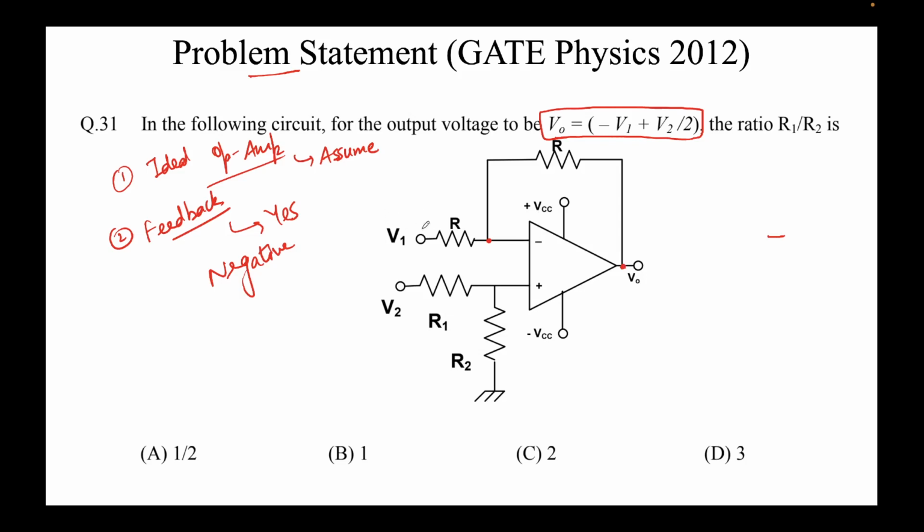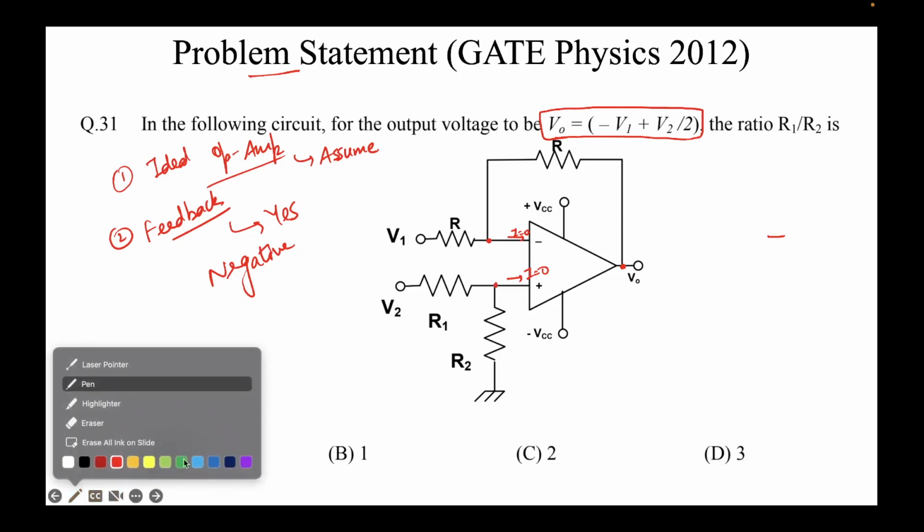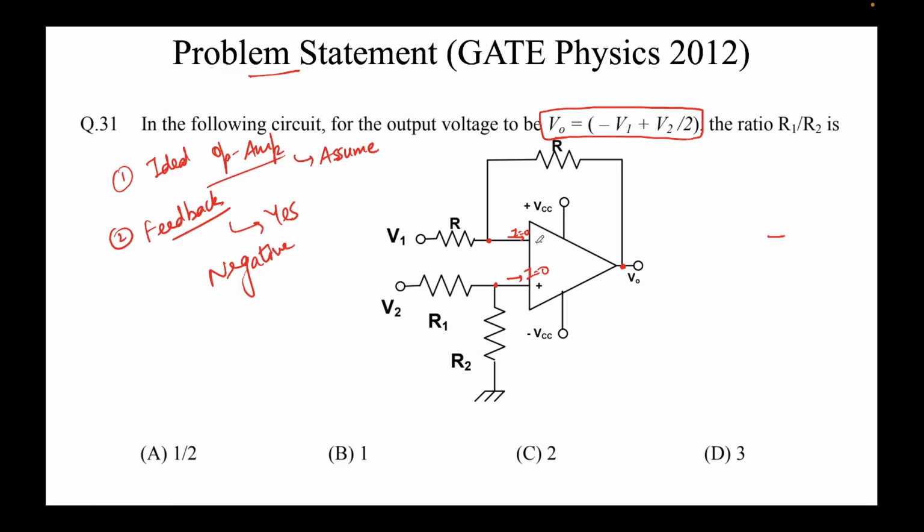Now, since this is an ideal amplifier, the current flowing into the op-amp on the input side is 0. So both of these currents are 0. There's a very interesting property which we see in case of op-amps. Remember that there was an Rn in here.